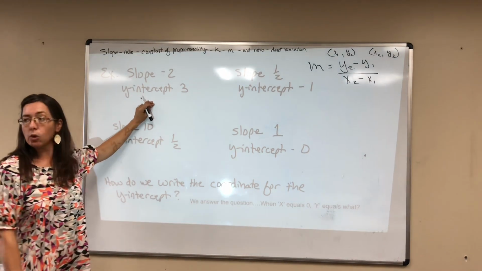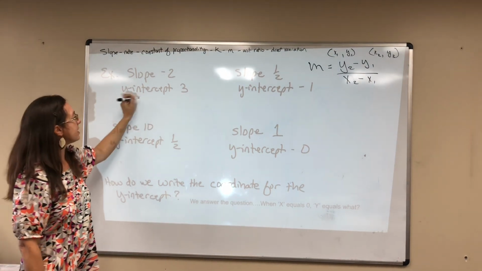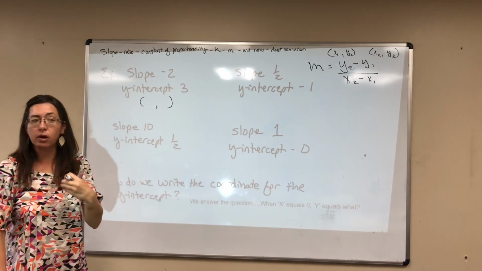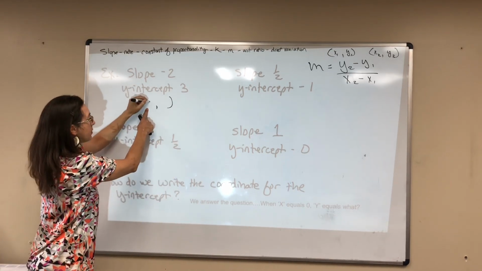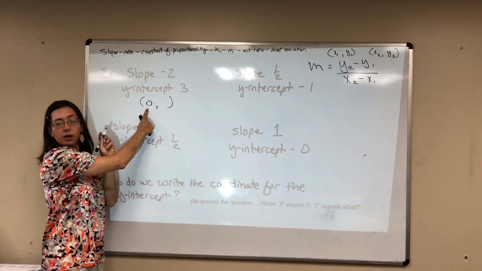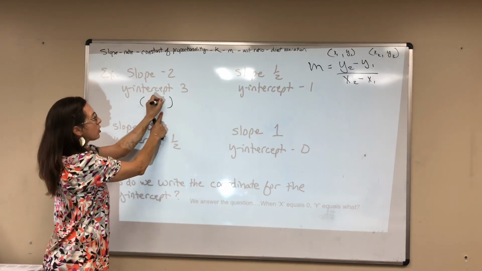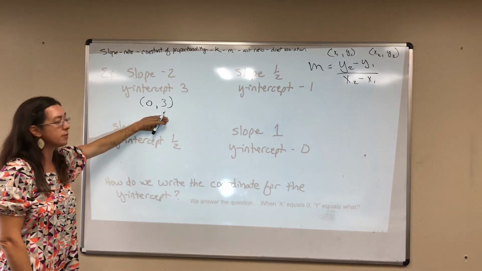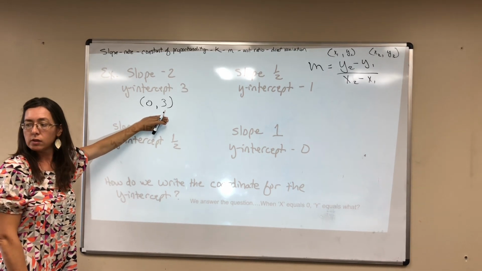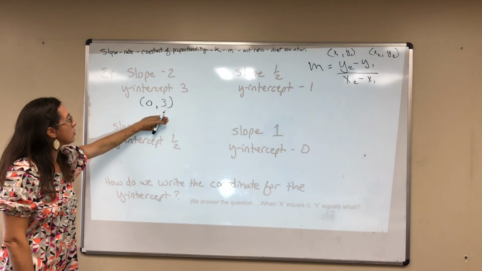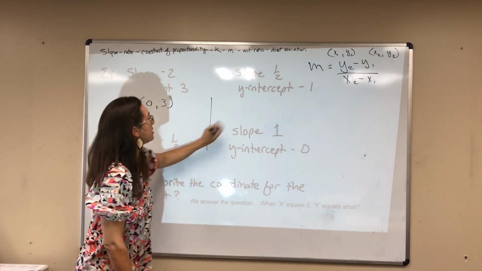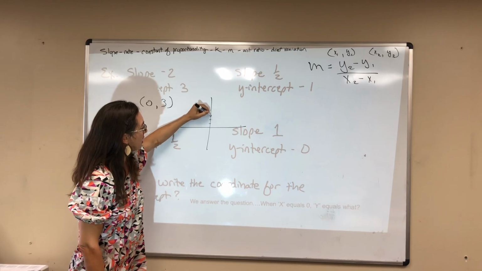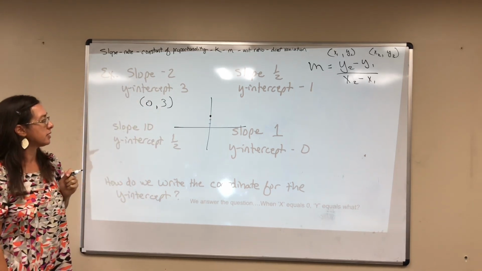When we write our y-intercept, we write it as a coordinate, and it is answering the question when x equals 0. So when x equals 0, y equals 3. This is a coordinate that we have, (0, 3). Remember it's on the y-axis. So (0, 3), I'm going to go 1, 2, 3. There would be my very first point.